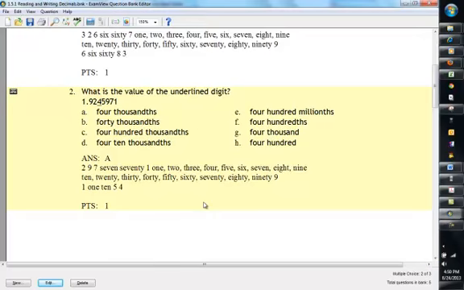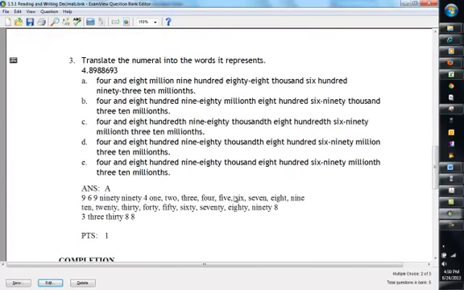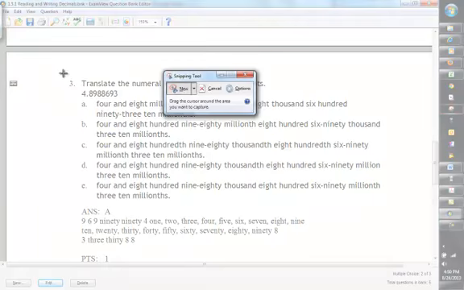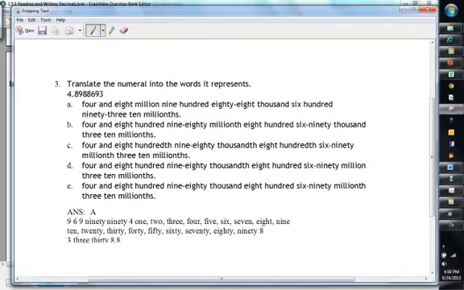All right, next one. So we would write the number first, and then after that we group by 3s. 4 and 8,988,693, and then this place right here is the 10 millionths place.